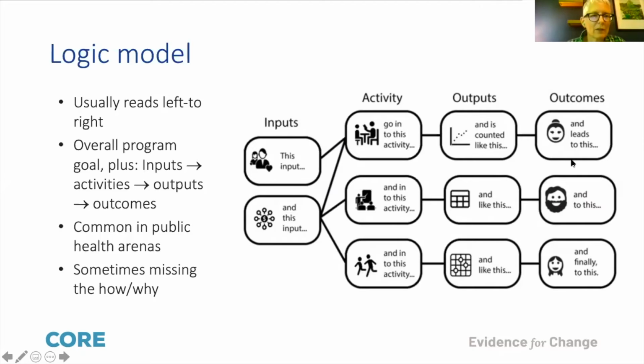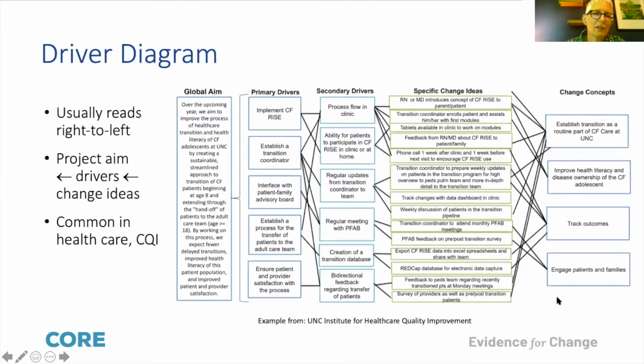The next example, this is a real messy example, but this is a driver diagram. These tend to run in the opposite direction, where they have on the left hand the ultimate aim, and they take one step back from that and ask what the primary drivers of that aim are.